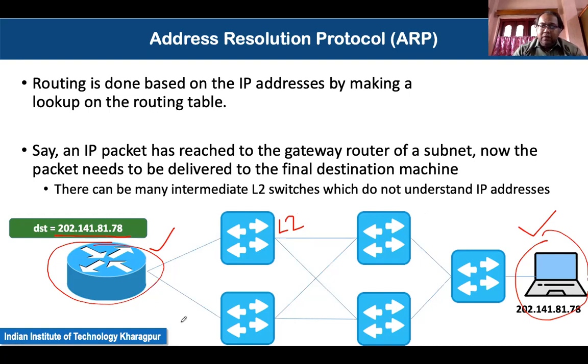Now, although this router finds out that the destination is one hop away if we consider layer 3, in terms of physical connectivity they are not directly connected. There are multiple devices. So the question is how they are going to forward the packets in this particular instance.